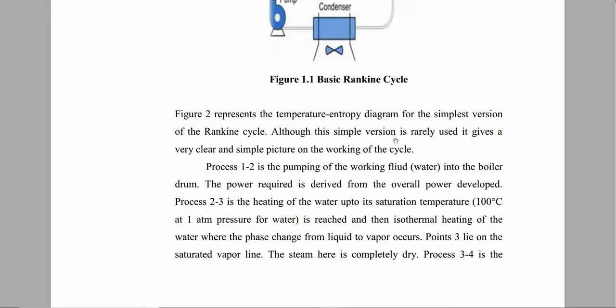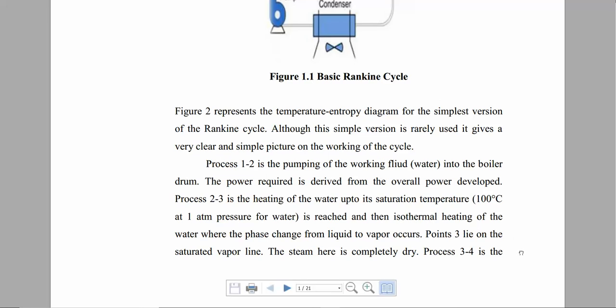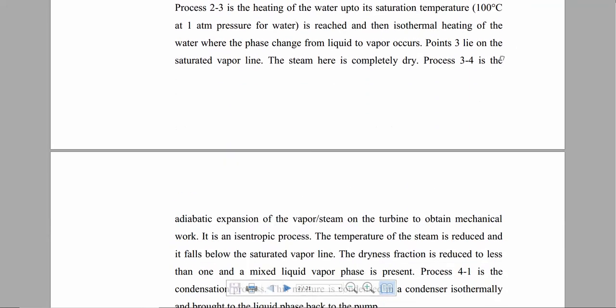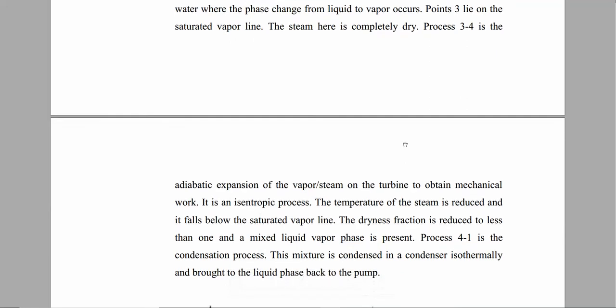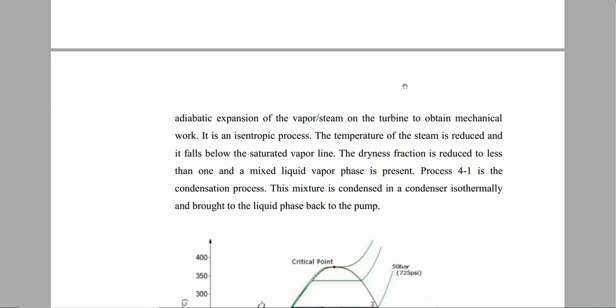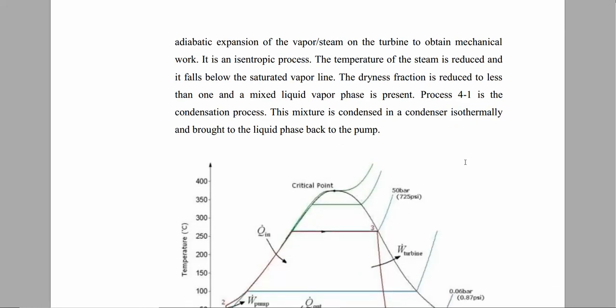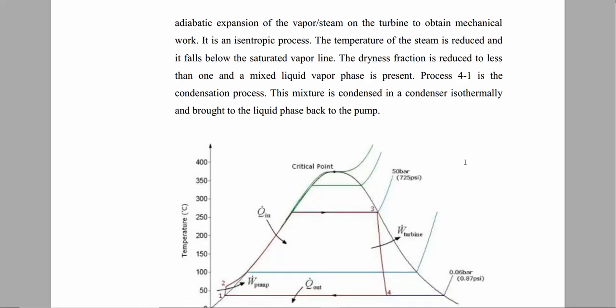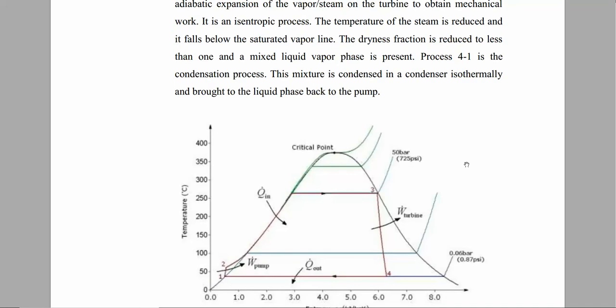The steam here is completely dry, and process 3 to 4 is the adiabatic expansion of the vapor in the turbine to obtain mechanical work. It is an isentropic process. The temperature in the turbine is reduced and it falls below the saturated vapor line.